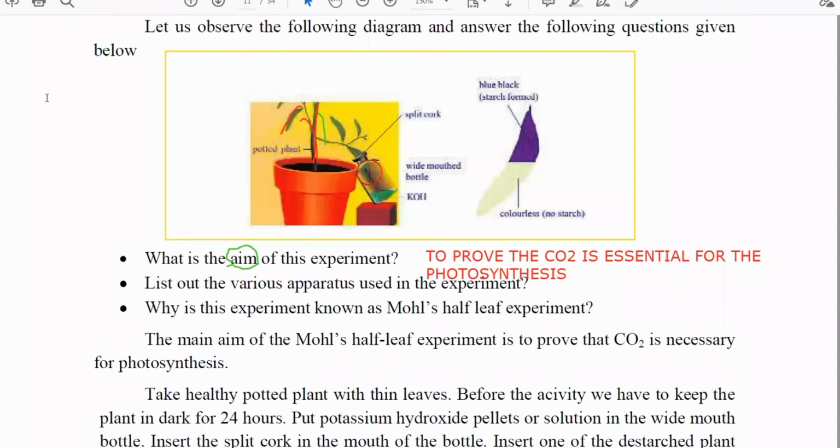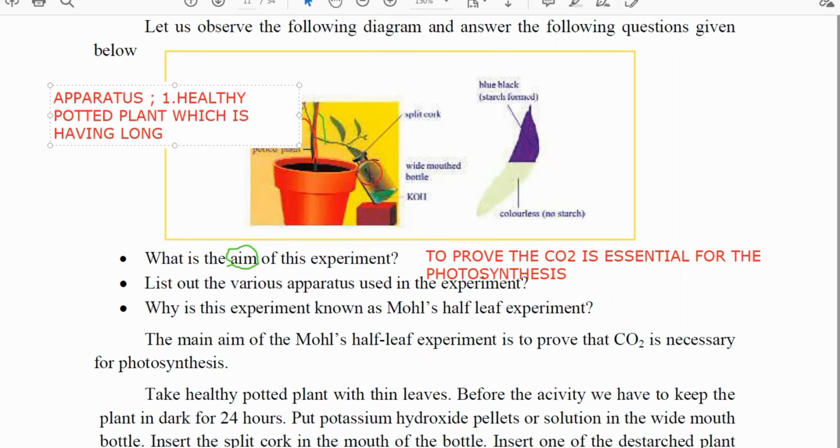Apparatus, number one: a healthy potted plant which has long and narrow leaves.